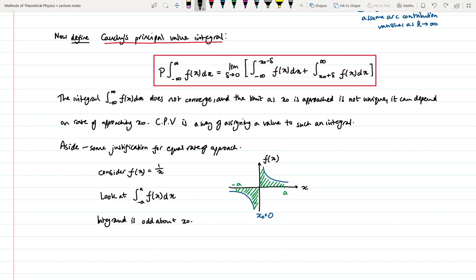Because the integrand is odd, in some ways by looking at the picture, we can think that the part blowing up on the left-hand side of the y-axis will in some way cancel the part blowing up on the right-hand side. This is not rigorous, but just to give you an idea of what's going on, I'll write that the diverging contributions either side of x0, in some sense they cancel.